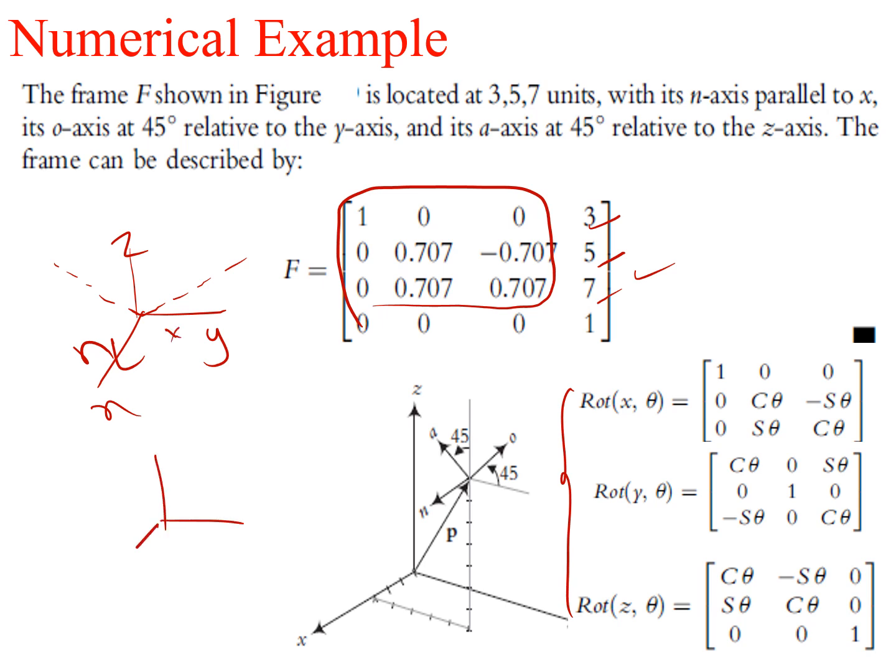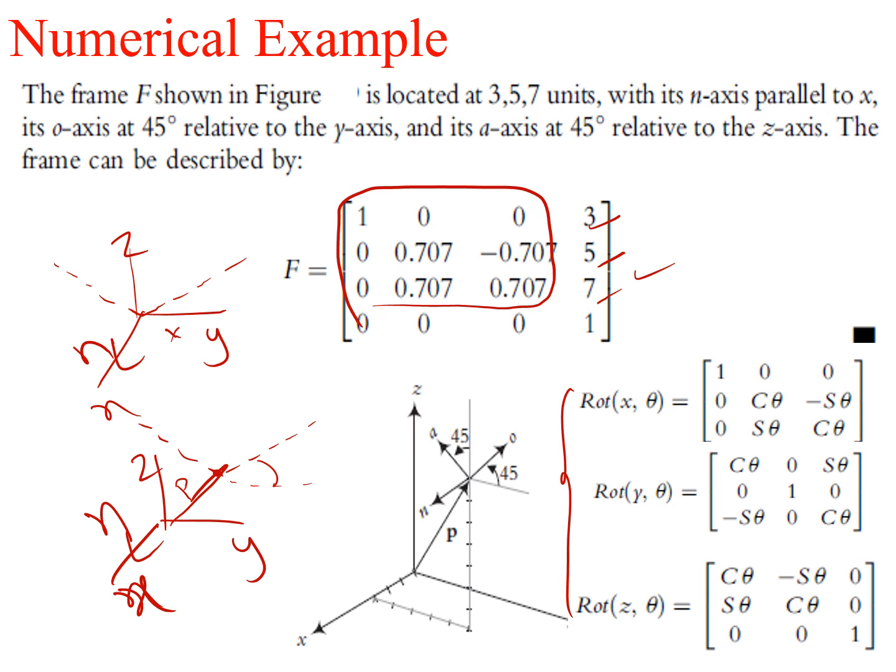So here x, y, z, and then this is the n axis, this is the x axis. There is a point P, and this is the y axis. So this is the point P. This distance is P, which is given as 3, 5, 7, and then this is the actual y axis, so there is a displacement.